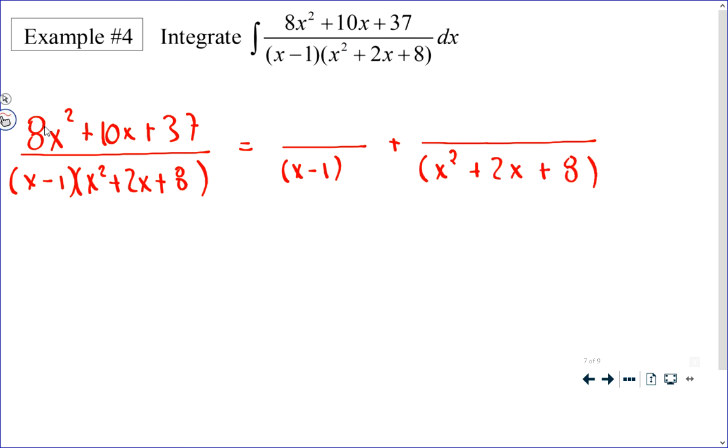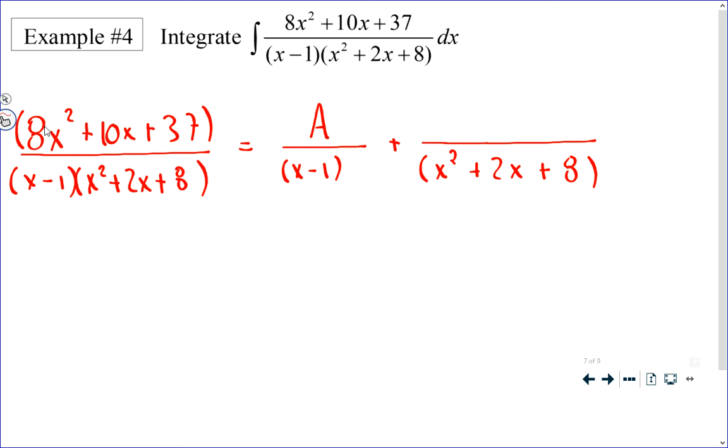Now, on Monday, I told you that whenever you have a linear denominator, like x minus 1, the numerator will be a constant. What I didn't tell you is that the general rule is when you resolve a rational expression into partial fractions, each of the partial fractions will have a degree in the numerator that's 1 less than the degree in the denominator.